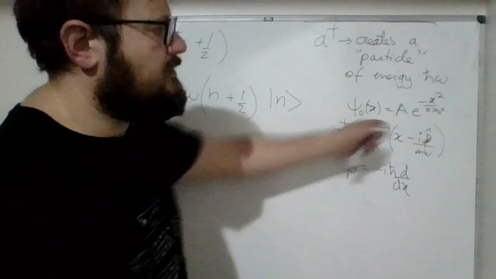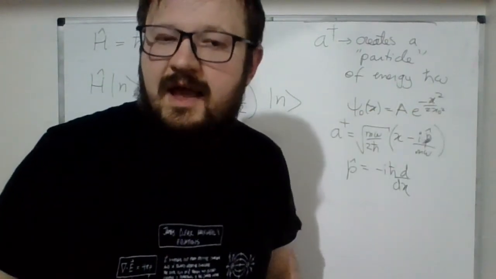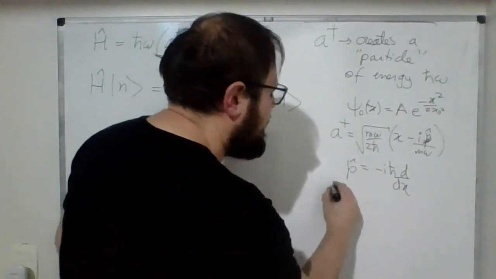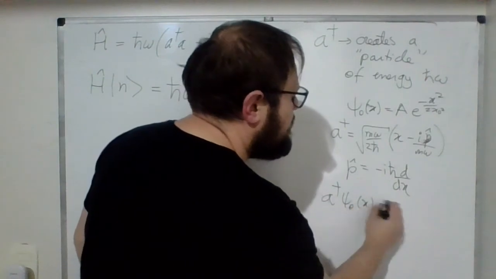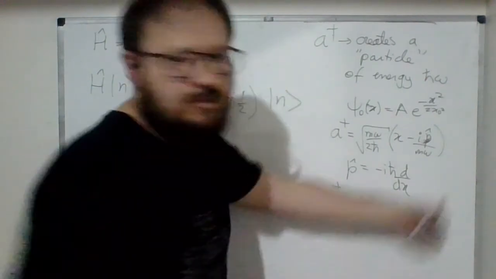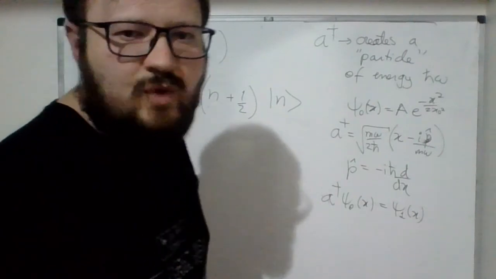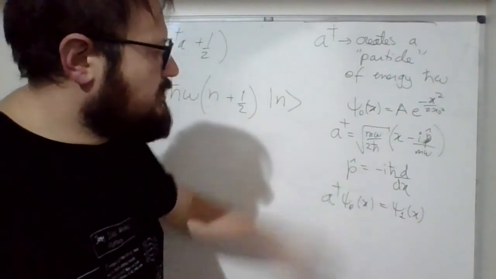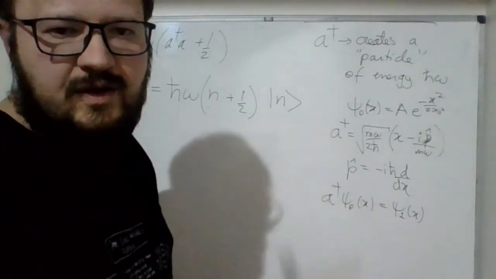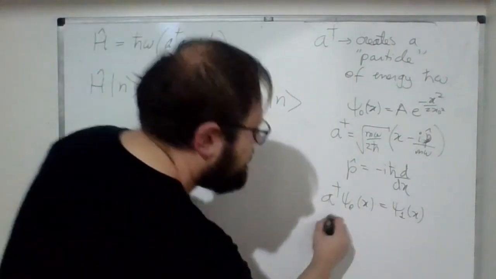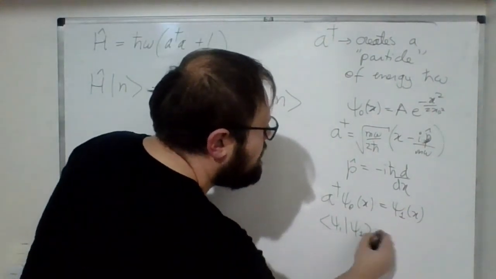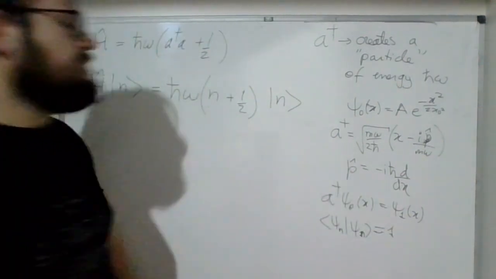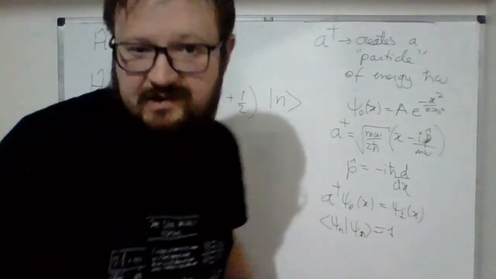You can apply this operator successively to the vacuum state, and the first application, a dagger to psi 0, will give you psi 1 of x, and you can normalize that by having the squared integrated modulus of the function equal to 1, because the probabilistic interpretation needs all the states to be normalized to 1. So any n level must be normalized to 1. You can check out the normalization, of course.